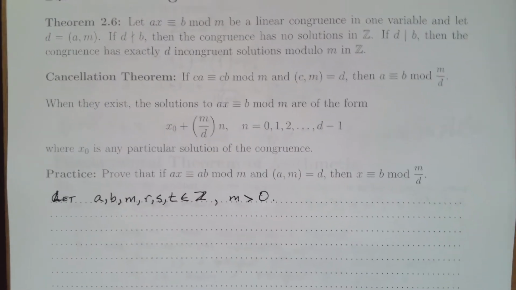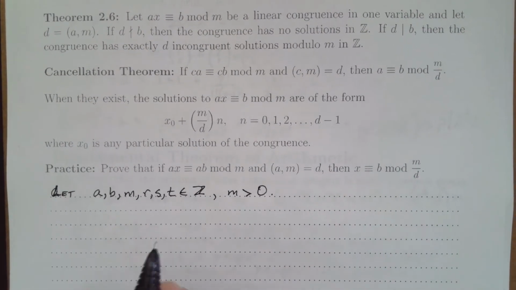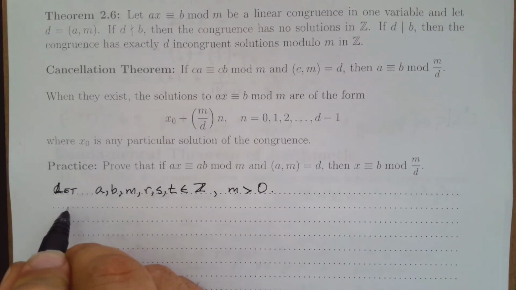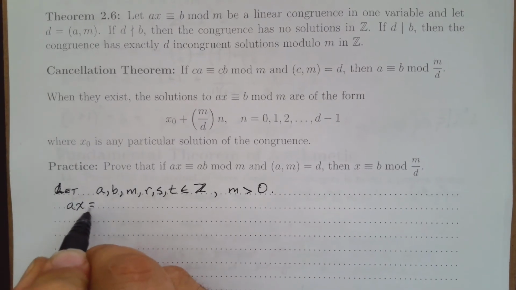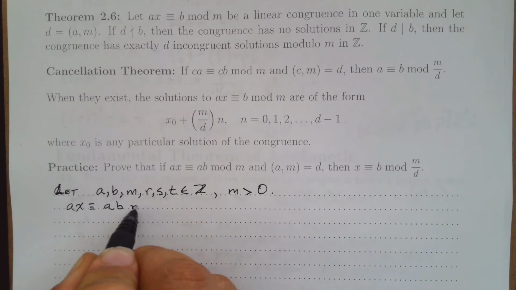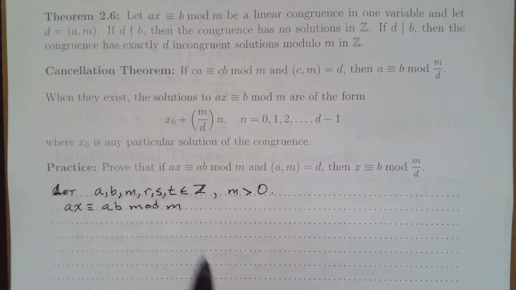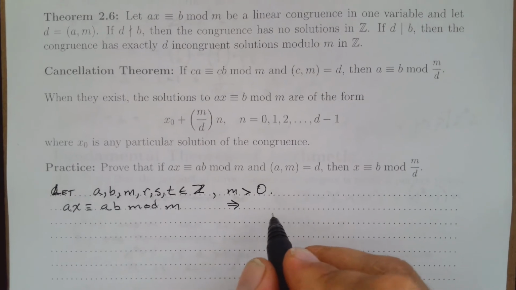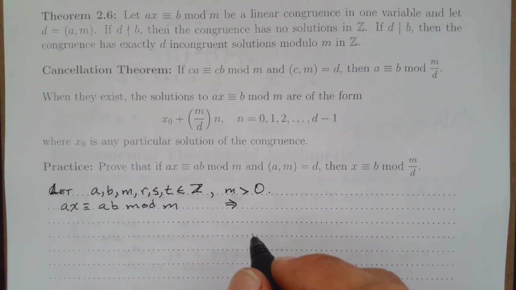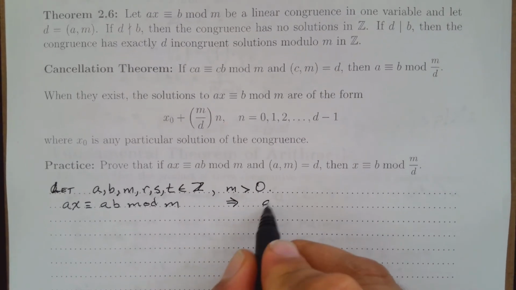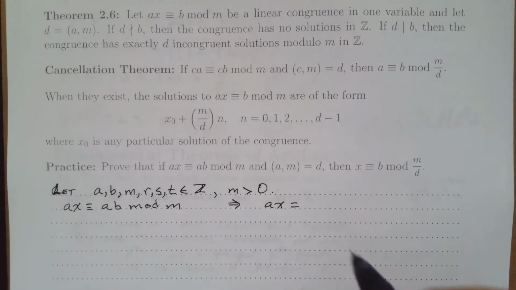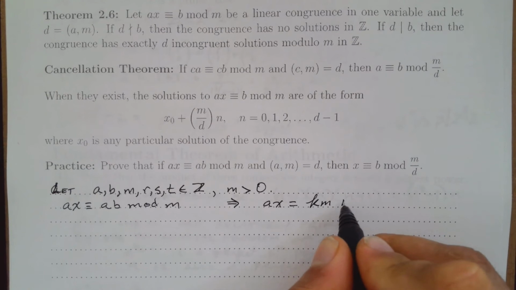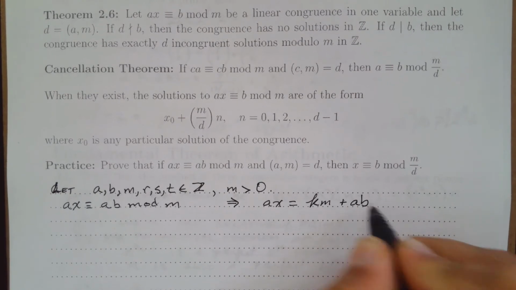Now, if I have AX congruent to AB mod M, then the implication is that AX can be written as KM plus AB.